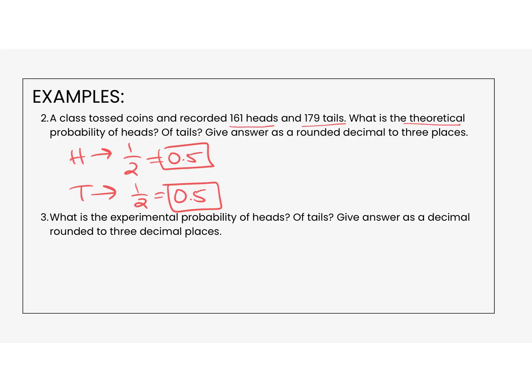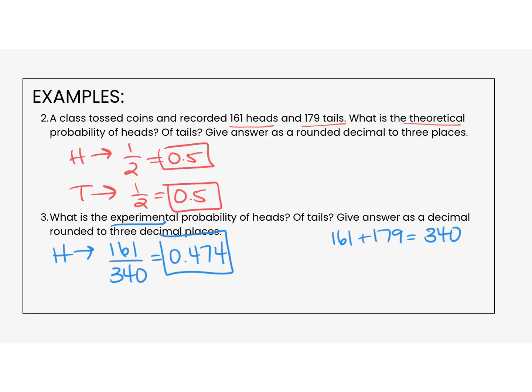But now when we look at experimental probability, we're going to look at what actually happened. So first we need to say 161 plus 179, that's 340. So if we're looking at the experimental probability of heads, I got heads 161 out of 340 times. And so that is 0.474. It says round to 3 decimal places.